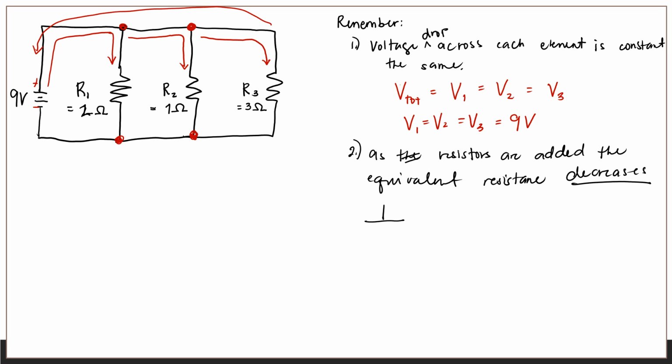the formula for equivalent resistance is 1 over R sub EQ, or equivalent resistance, is equal to the fractions 1 over resistance 1 plus 1 over resistance 2 plus 1 over resistance 3, and so on and so forth.